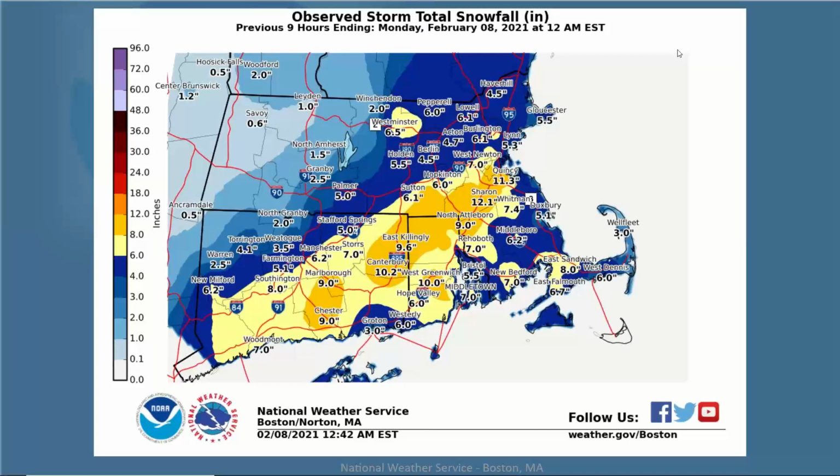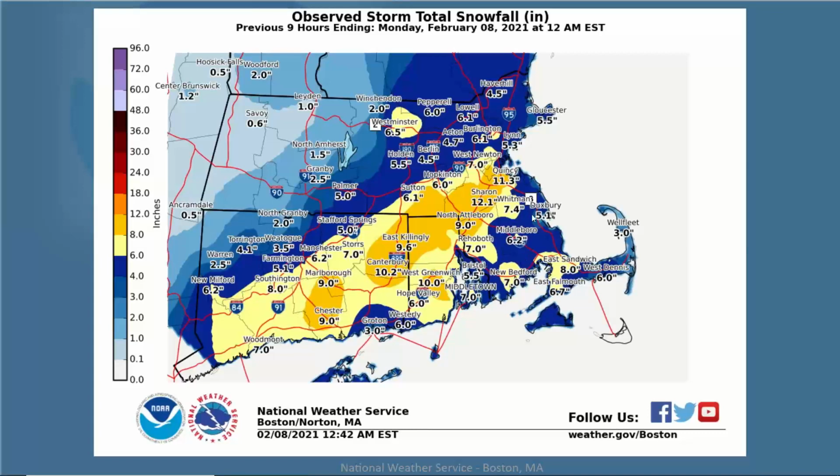All right, great. Thank you, Joe. So what we're showing first is the snowfall from this event. And what you'll notice initially is very little snow fell across western Massachusetts, some places a half inch to an inch and a half. That's all they had. And then you'll notice a general swath of 4 to 8 inches of snow across most of the region.